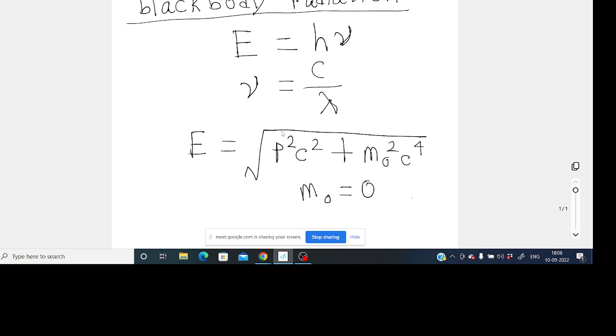So the rest mass of a photon is 0. So we have E equal to pc for a photon. So we have E equal to pc equal to h nu.